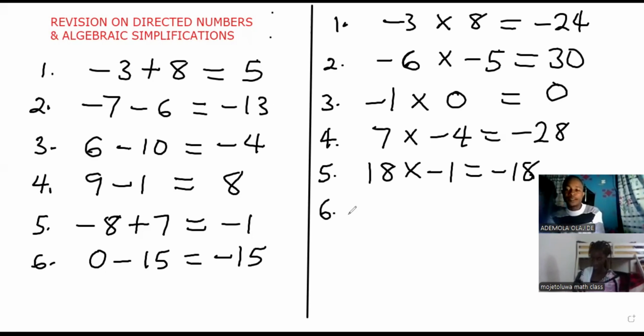And lastly, negative 20 divided by positive 5.